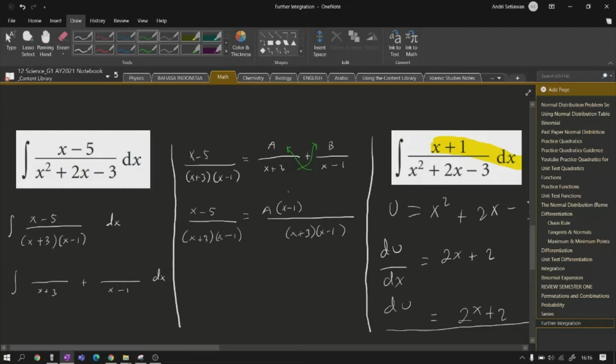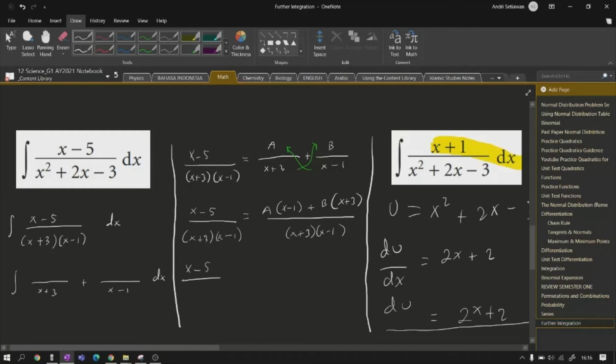Or if you want to do it the complex way, x plus 3 times x minus 1 divided by x plus 3 is x minus 1, so a times x minus 1, and then followed by b times x plus 3. Or, x plus 3 times x minus 1 divided by x minus 1 remains x plus 3, so b times x plus 3.